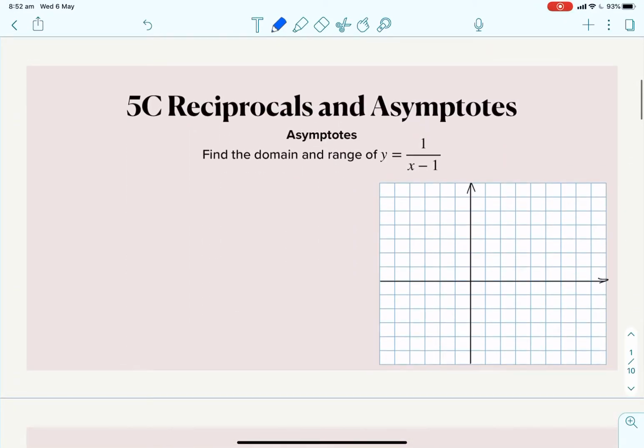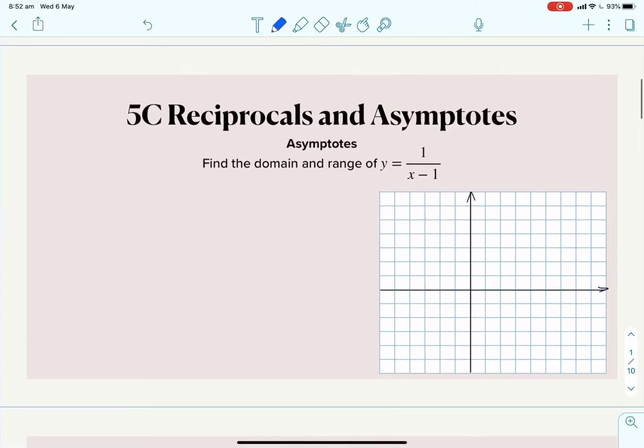So let's say this one, y equals 1 over x minus 1. Let's find the domain and range. We did this in Unit 2 already, but we just quickly revise it. So for x, finding the domain is quite simple because it is a fraction and the denominator can't be 0.